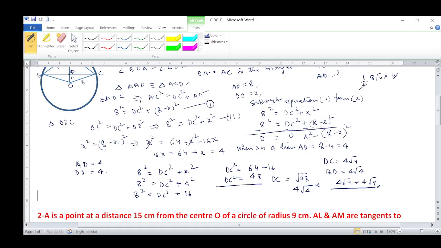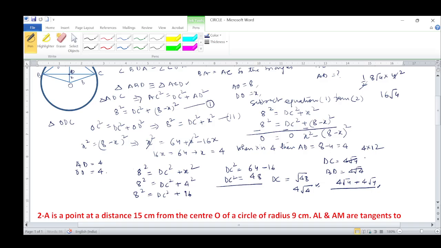So divide this. This is 2, 16 under root. Is it under root 4? No, here we are wrong. Under root 4 itself is a, so 48 means 4 into 12.